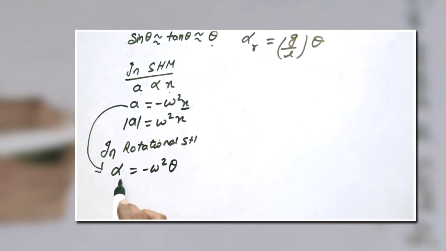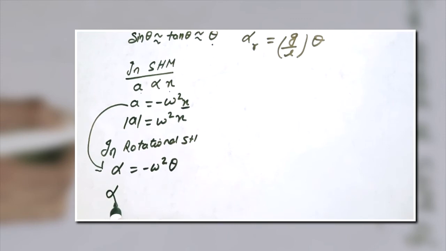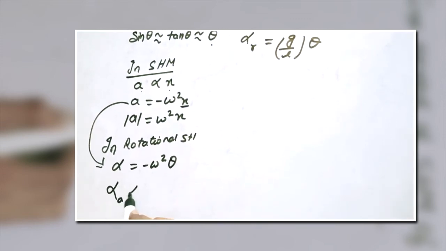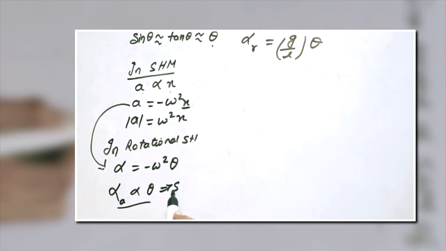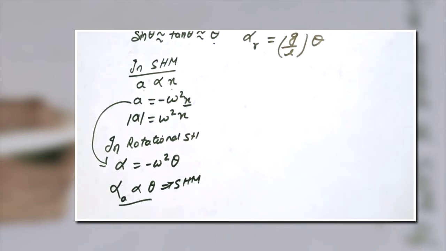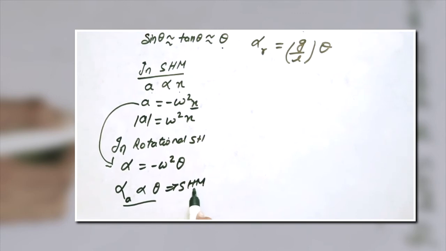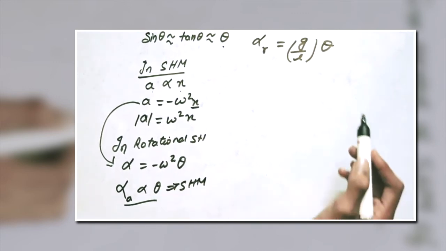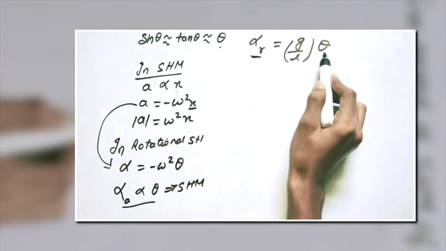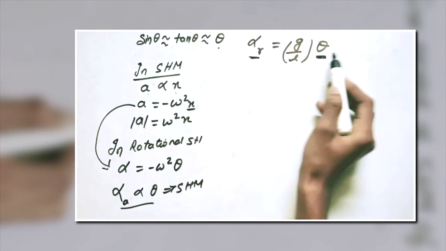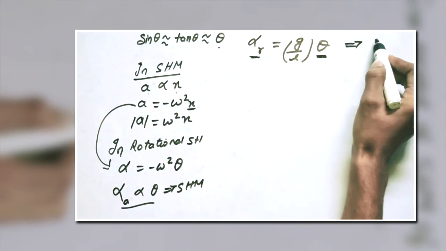So here you can see that this angular acceleration is directly proportional to theta. Then you have SHM. This is your requirement for SHM in rotation. So we are getting acceleration directly proportional to theta, so here we are getting SHM.